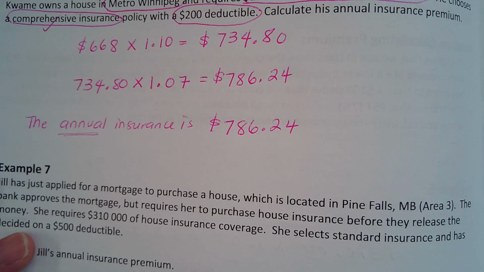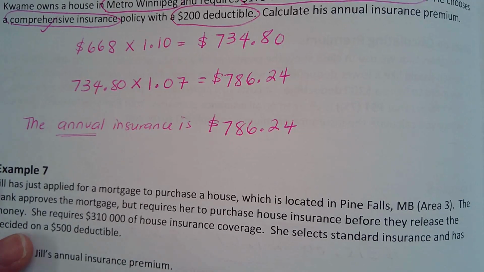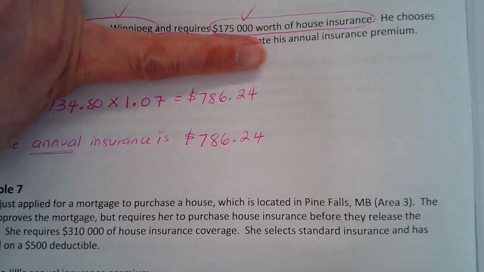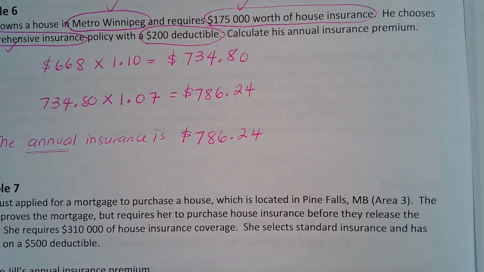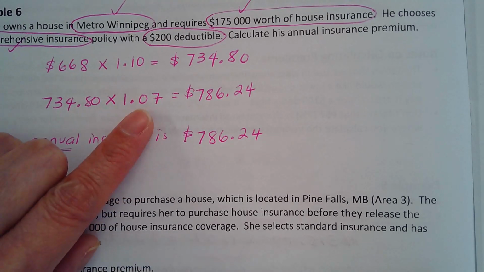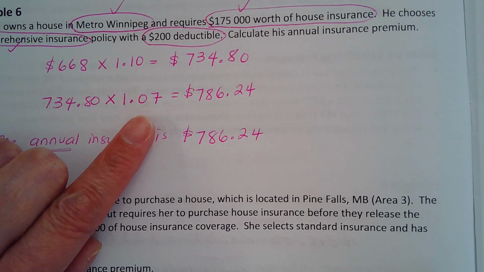On Edgar's question, when it says deductible, if it's the higher deductible of 500, is it still going by 10%? No. If it's a $500 deductible, you skip this calculation. So then you just put the PST.